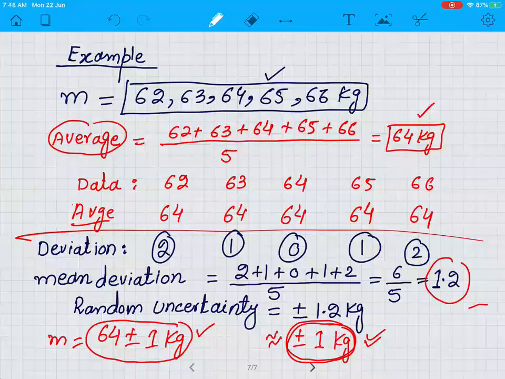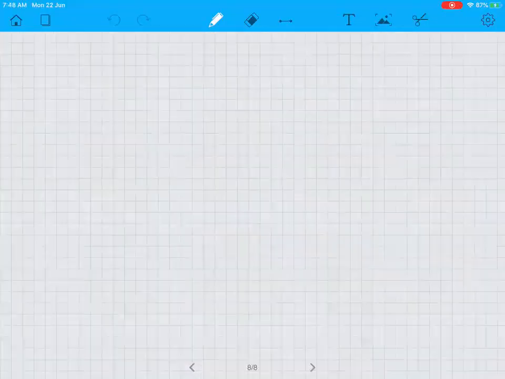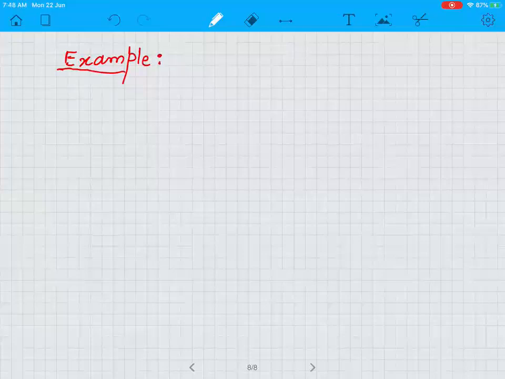So let's solve one other example. Here you see, for the calculation of random uncertainty, we do not need the actual value. It is just the data points which are used. So the first step is to calculate the average. Then calculate the deviation of each point from the average, ignoring the sign. Then calculate the mean deviation, and your mean deviation is your random uncertainty in a certain reading.